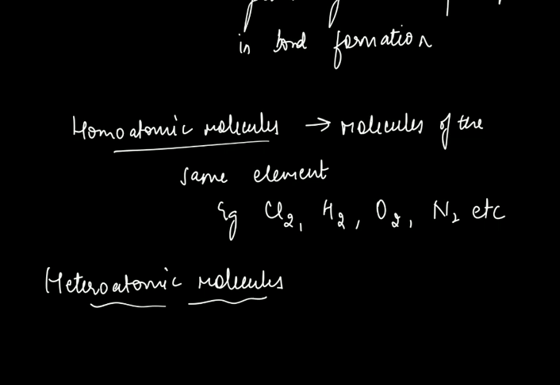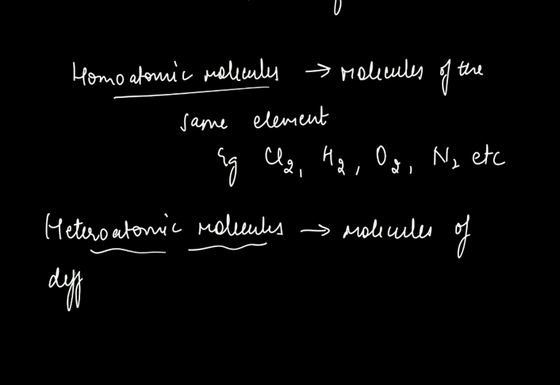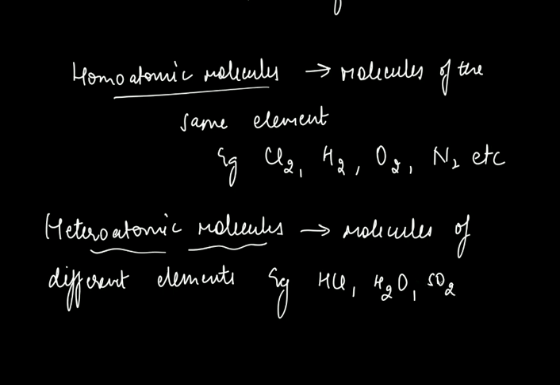Compound is specifically a term when you have a metal and non-metal together. A molecule is a term specifically when you have covalent bonding involved. Heteroatomic molecules are molecules of different elements. Examples are HCl, water, sulfur dioxide, n number of examples are there. You can keep writing.